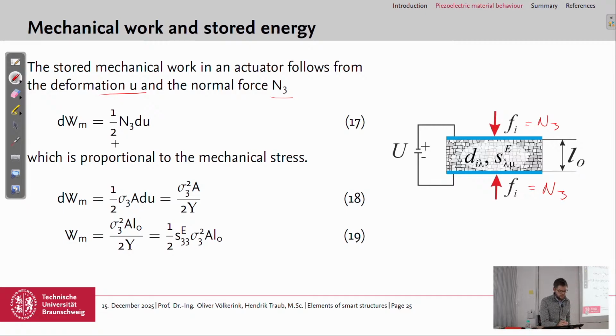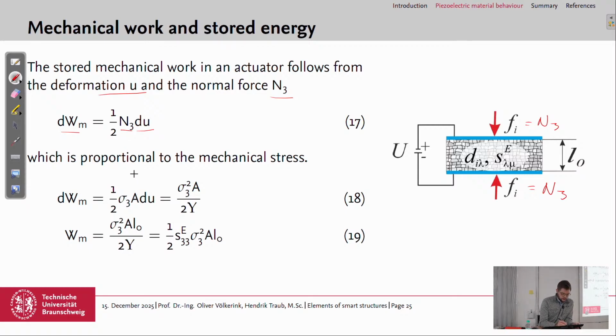So 1 divided by 2 times N3 times du gives us dWm, so the change in stored mechanical work.